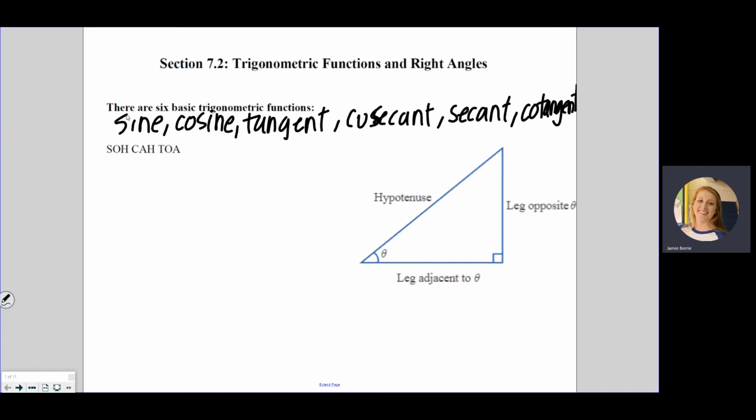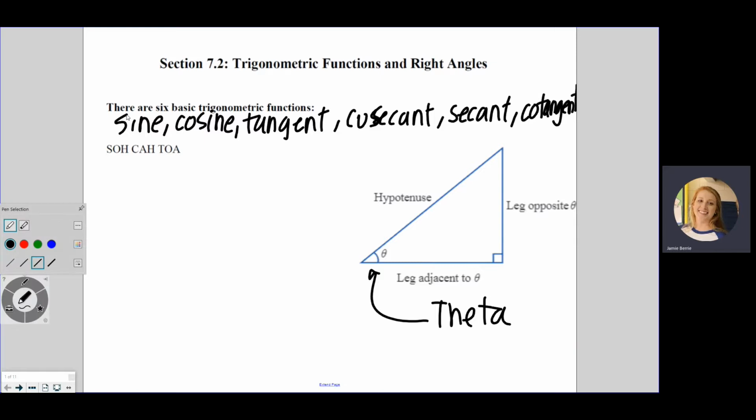You can see I've got my right triangle drawn over here on the right hand side. First we should note that we have this angle here called theta. That's the Greek letter theta.